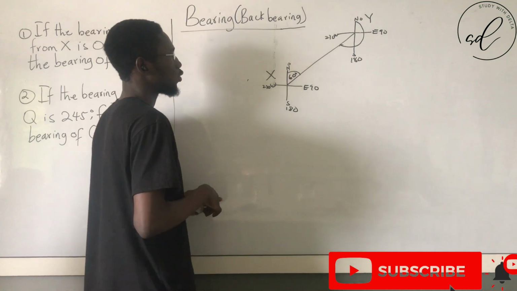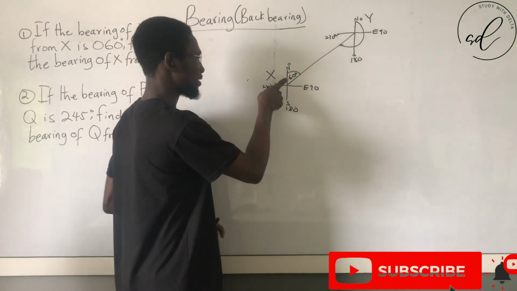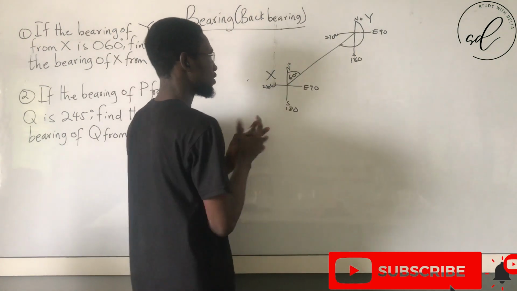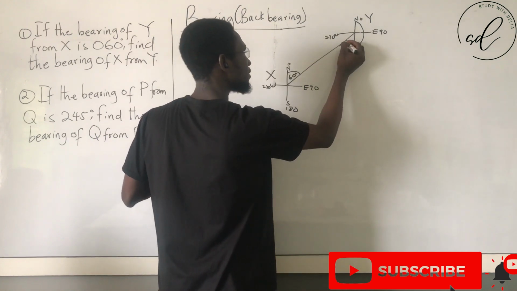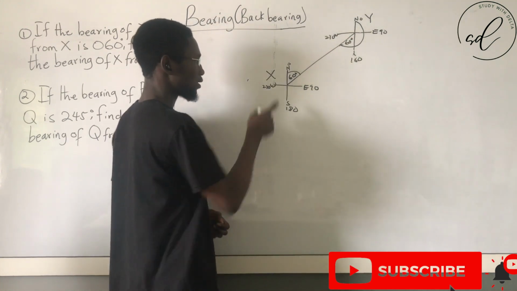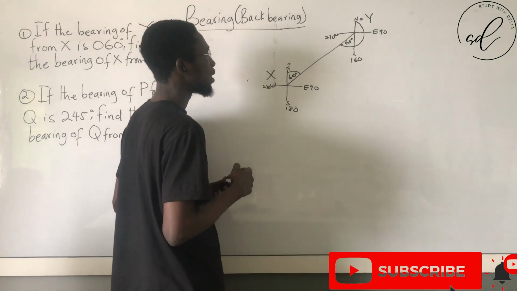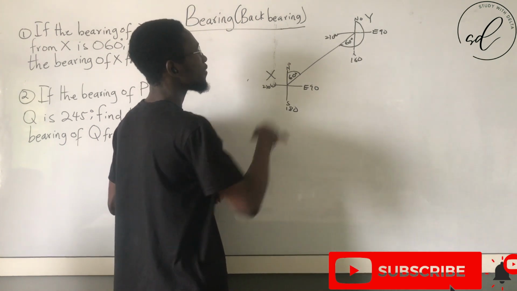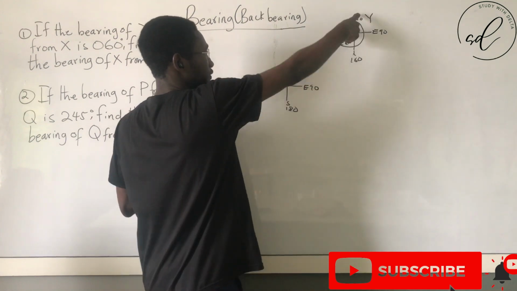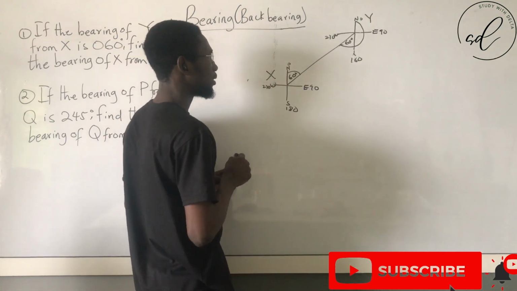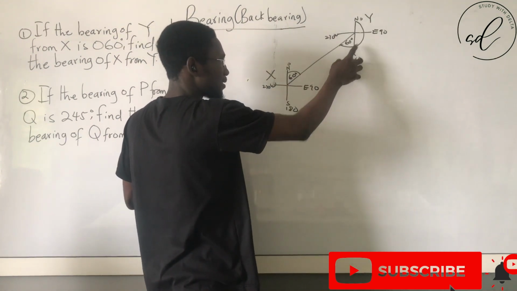Now we know when you have something like this, this angle is going to alternate with this. So you're going to have 60 degrees here. Since this is 60, this is also going to be 60. They are alternating. Now we know that our bearing from y is from the north to this line, and from the north to this part is 180.